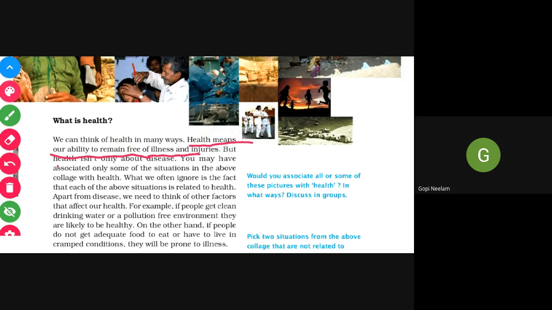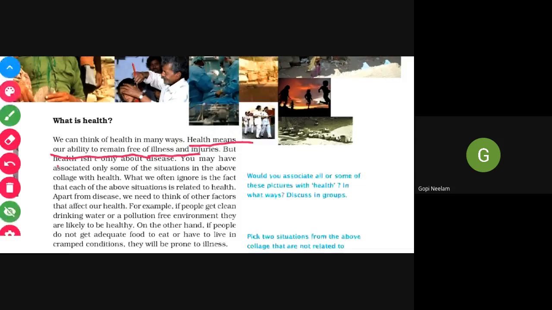When illness and injuries are mentioned, it is specifically talking about your physical health. We also discussed mental health, which relates to your brain, your thinking, and your heart. Are you mentally healthy? That is also very important.